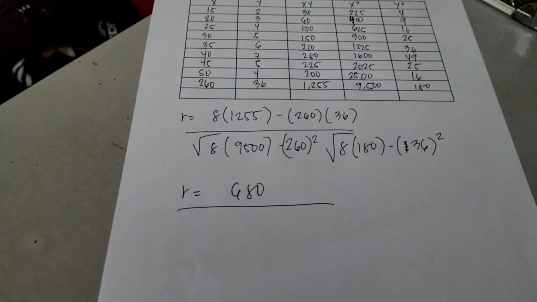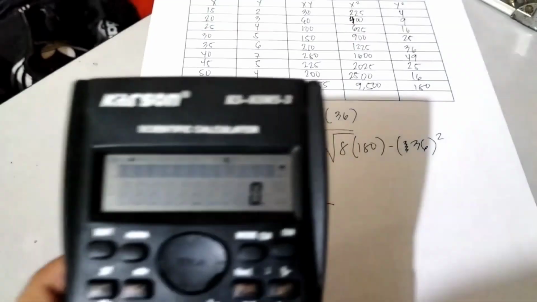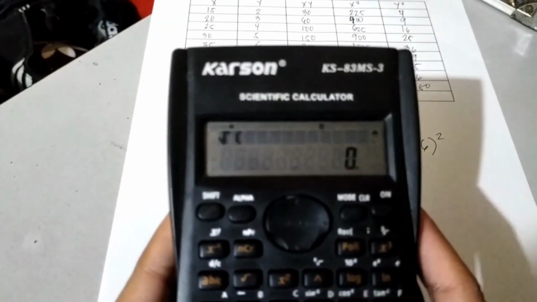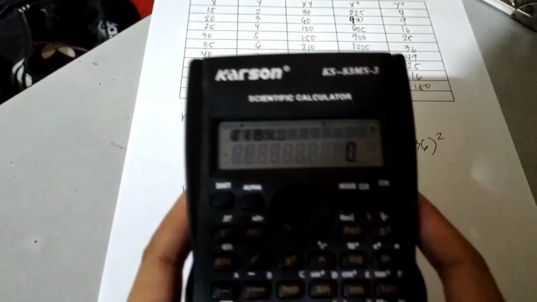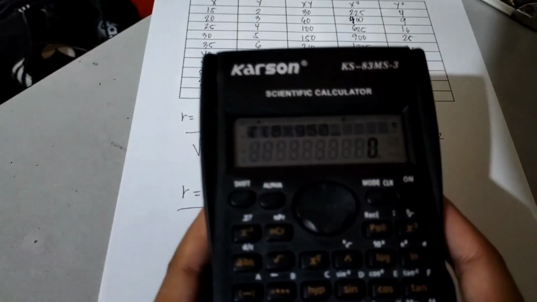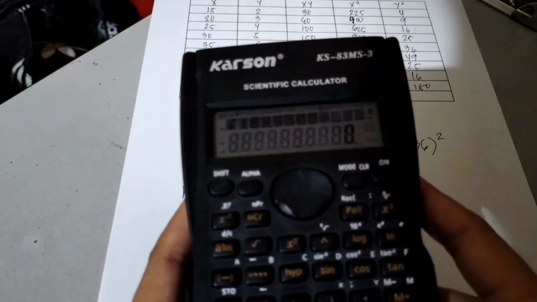And then, uunahin natin yung x part. Sunod naman yung y part. At ita-times natin sila sa isa't isa para makuha yung total sa denominator natin.